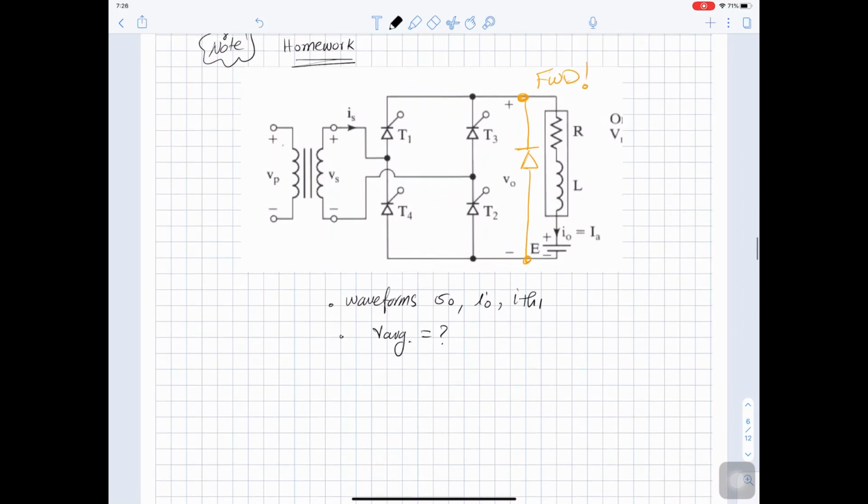Okay, so this is called a fully controlled full wave rectifier, plus we added a freewheeling diode.